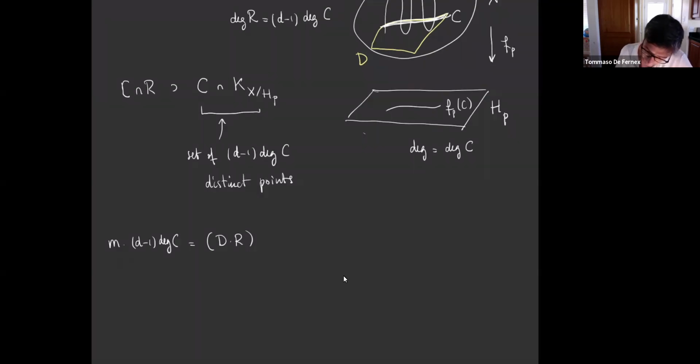But now what I'm going to use is one of the Lazarsfeld inequalities. It tells me that this intersection product is at least the sum of the multiplicity of one of the two varieties in the intersection. And I'm looking at D. At which points? All the points of intersection.